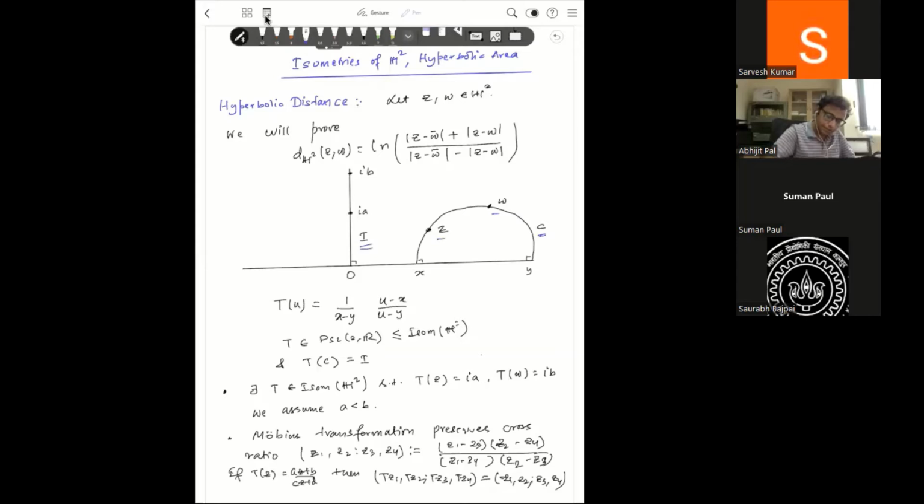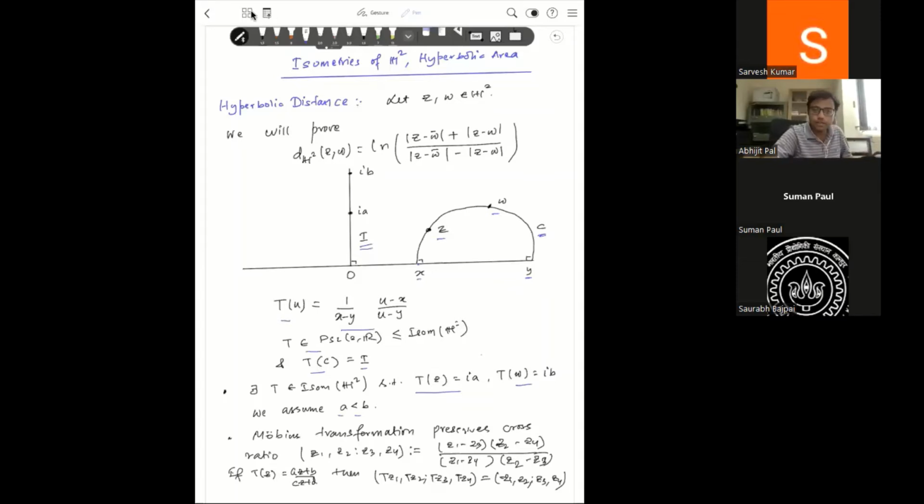If the geodesic meets the real line at X and Y, and you define T(U) to be this expression, you can check that T belongs to PSL(2,R) and T of C equals the imaginary axis. So T(Z) is some iA and T(W) is iB for some real number B, and we can assume A is less than B.